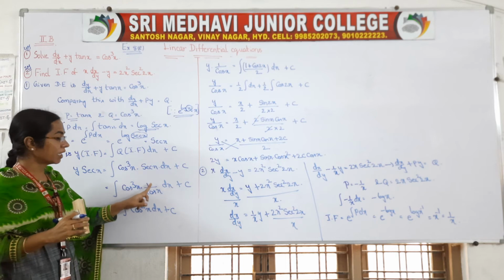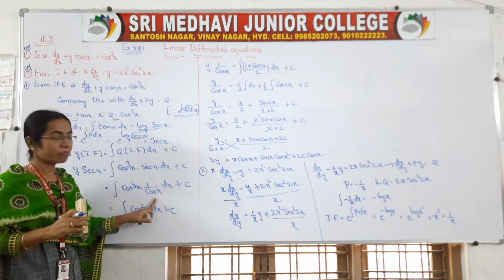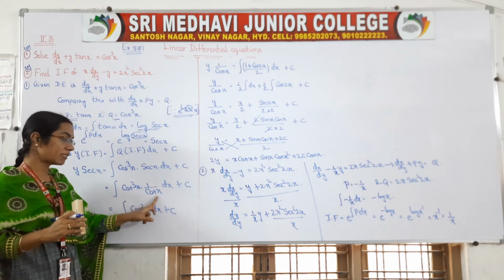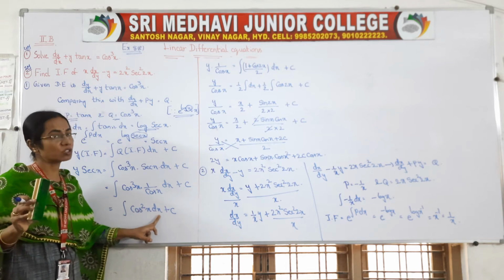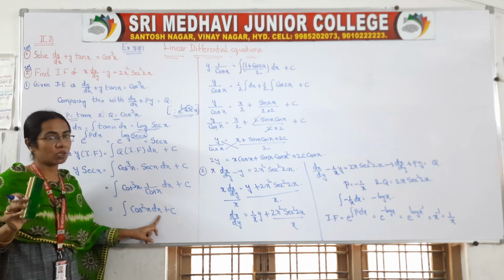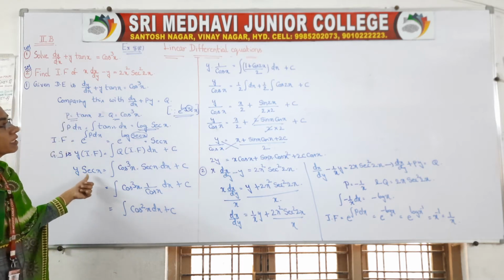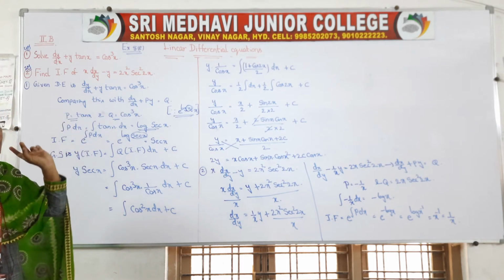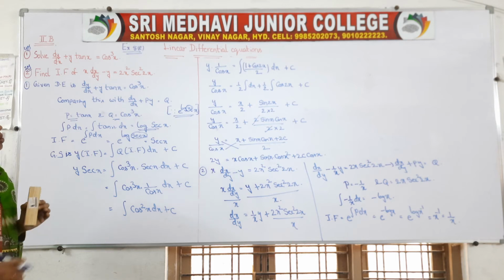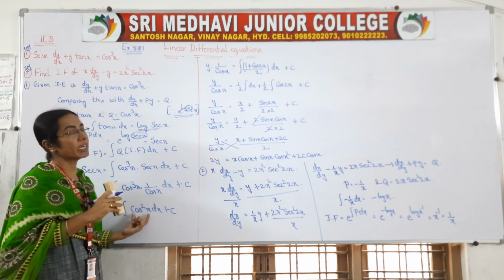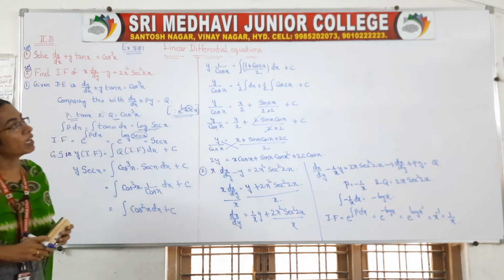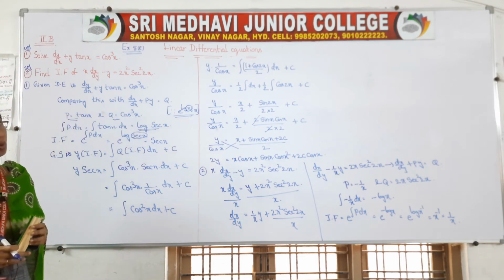Secant x can be taken as 1 by cos x, so cos cube x and cos x, one will get cancelled, so it is cos square x dx. Here also secant x can be taken as 1 by cos x. So it is y by cos x is equal to cos square x, which can be taken as 1 plus cos 2x by 2.